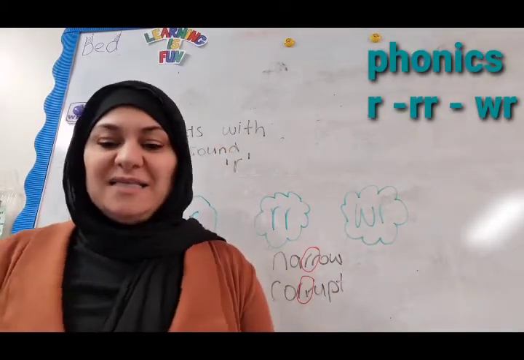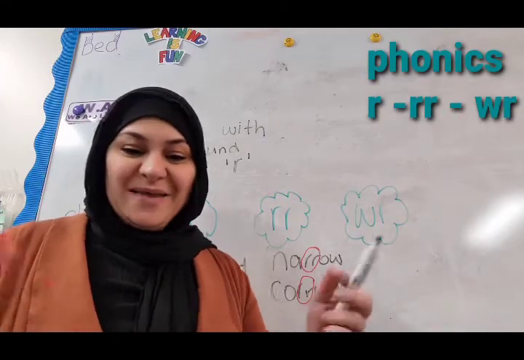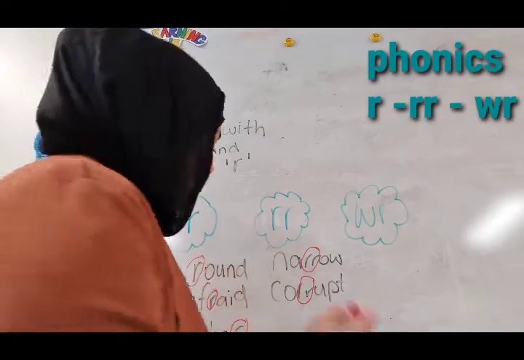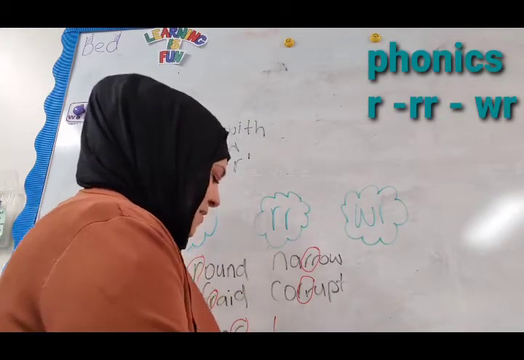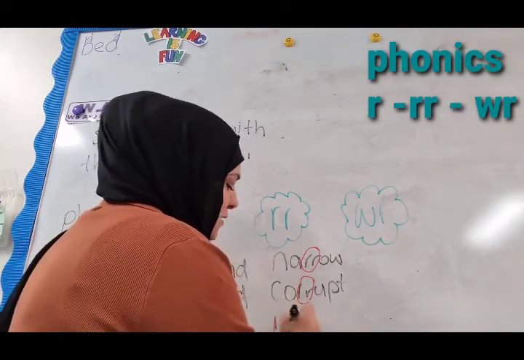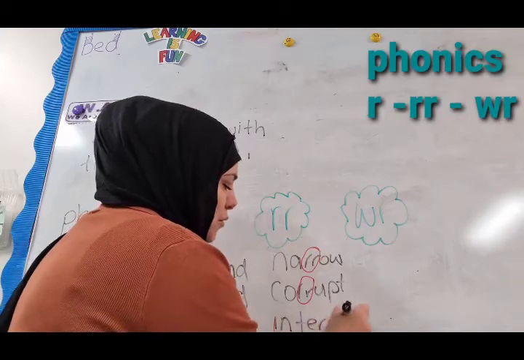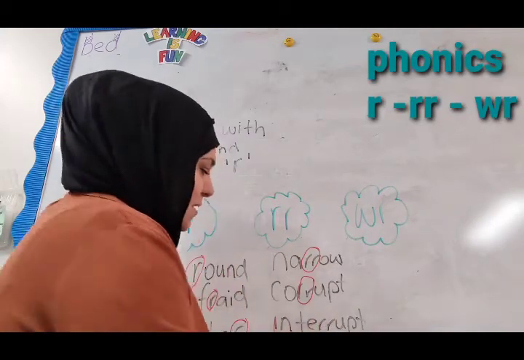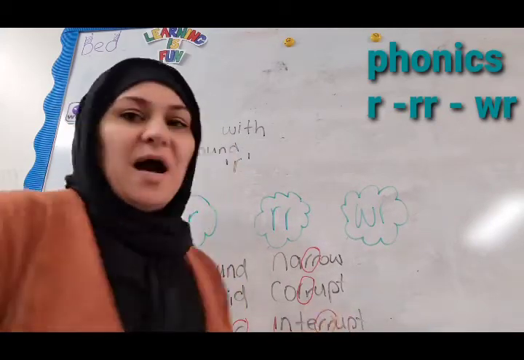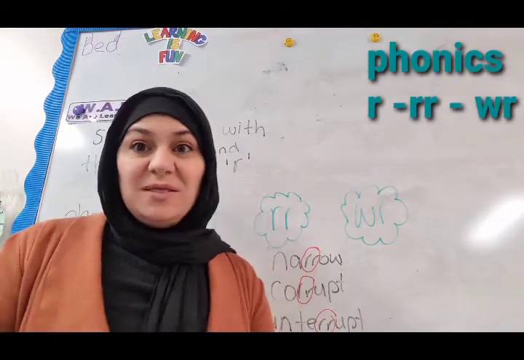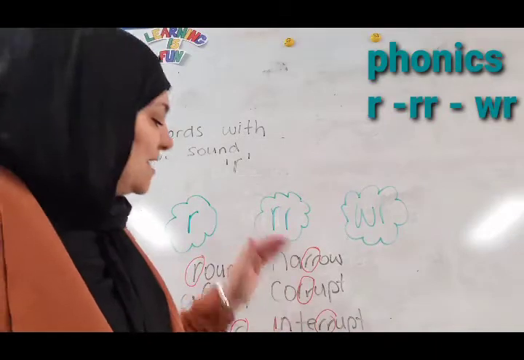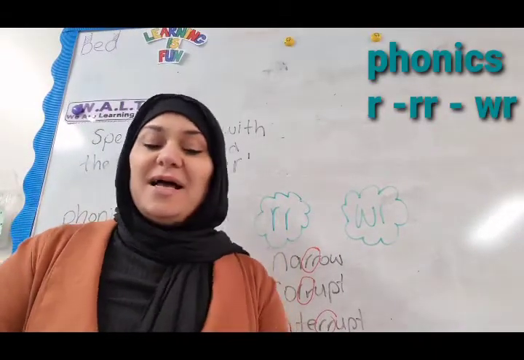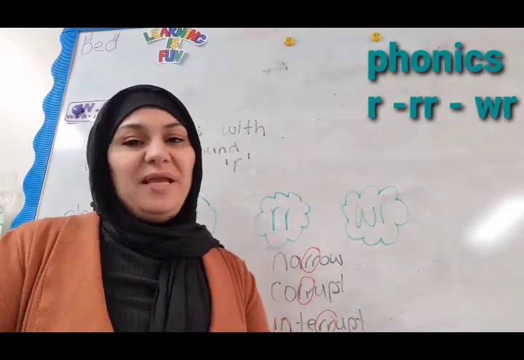Another word that has double R in the middle, can anybody think of any? Interrupt. Oops, wrong color. Interrupt. Now, I'm not going to spend lots of time talking about the meaning of these words. It'll be great if parents you can work with the children to make sure they understand the meaning of all these words. And during class, they will of course be discussing the meanings of the words.